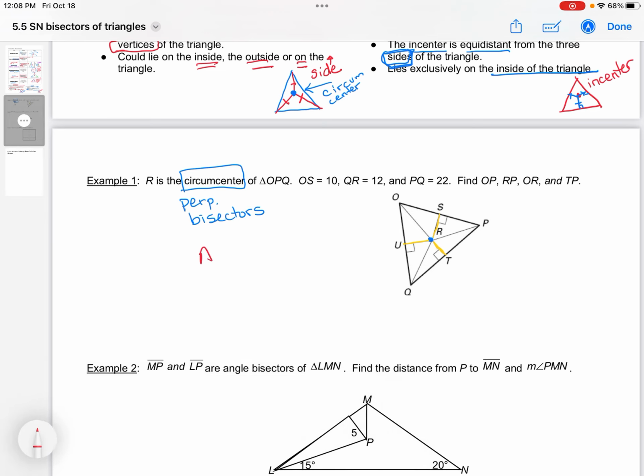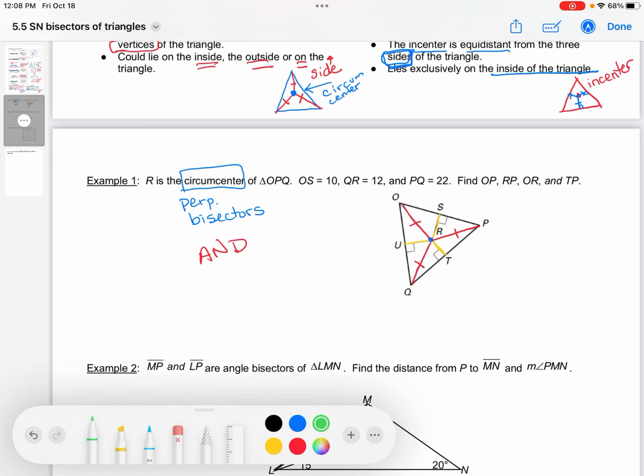And this line, and this line is what I was just talking about, are equal to each other. Not the perpendicular bisectors, but the lines that go from the circumcenter to the vertex.